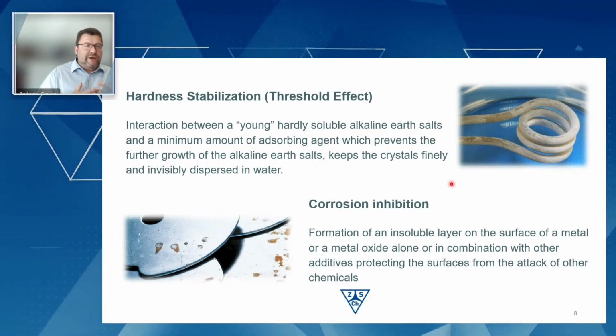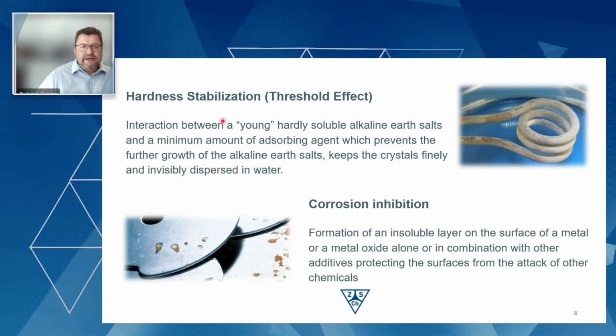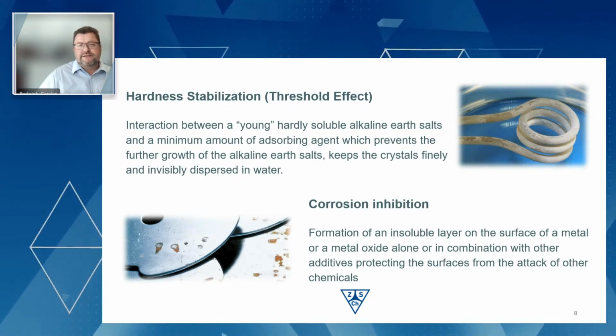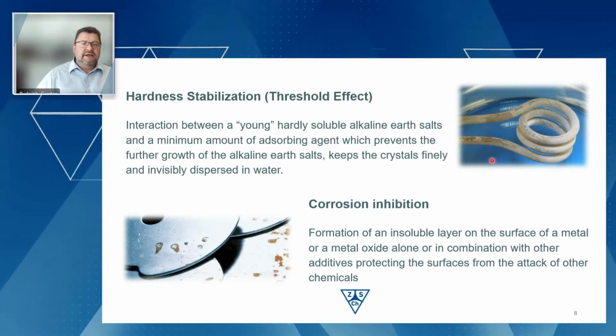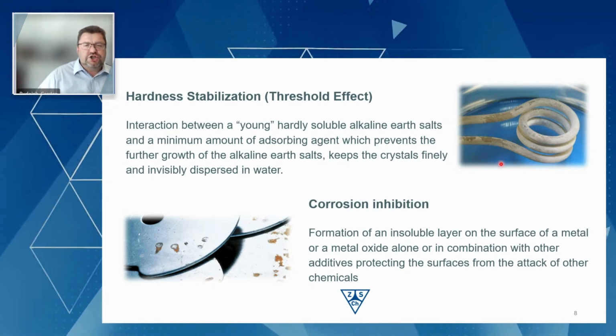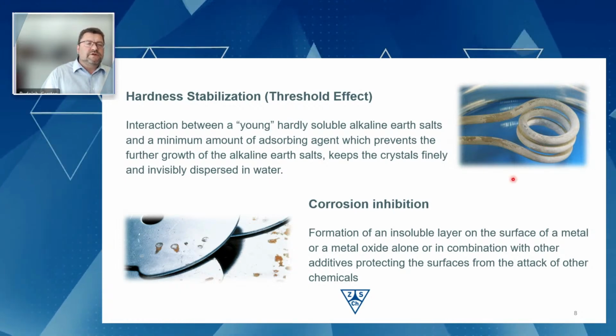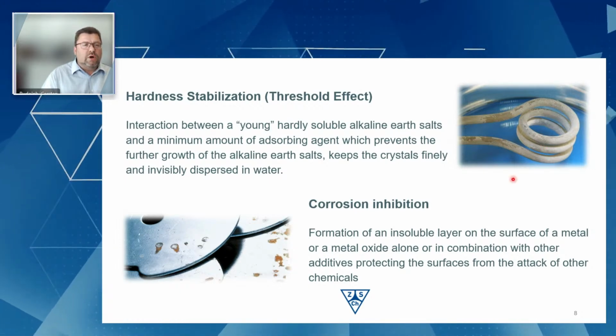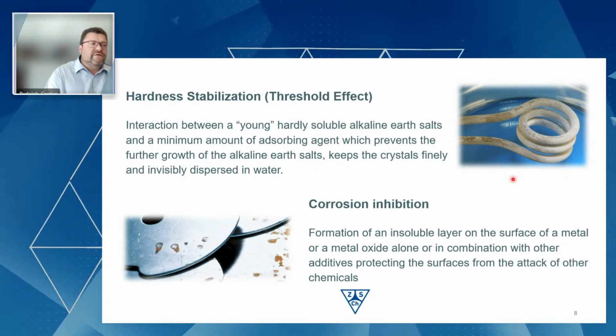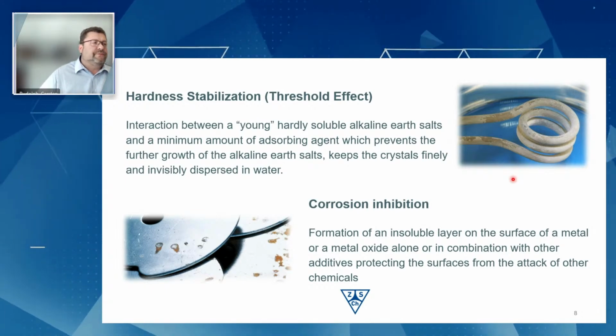Here we have the prevention of incrustation, which is illustrated here with this small heating device from the kitchen, which is incrustated with chalk. And here the inhibitors perform in very, very small amounts. The chemists call this substoichiometric amounts.